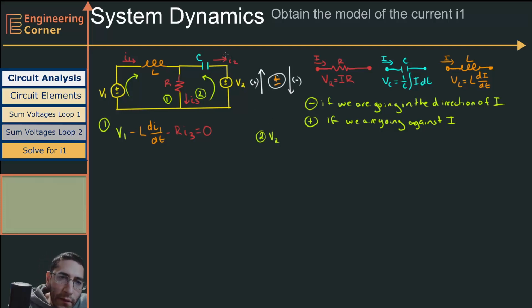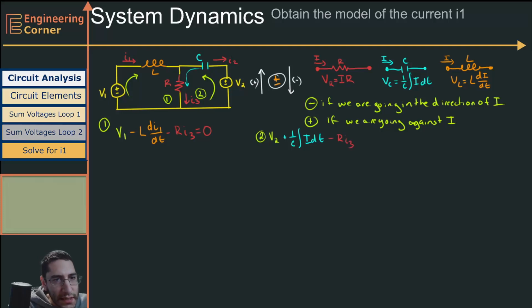Right here I'm going against my current, so I'm going to add in the voltage over the capacitor: plus 1 over C times the integral of I dt. Then I come this way, going with I3, so I'm going to subtract: minus R I3.